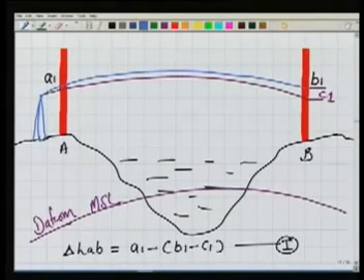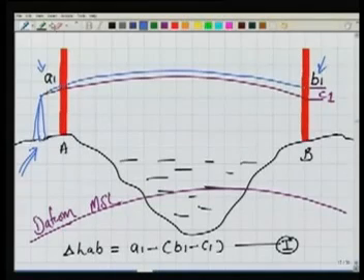Well, what we do in this case, first I would like to keep my level here and take the reading at the staff at A, which is A1, and take the reading at the staff at B, which is B1. I take these two readings.